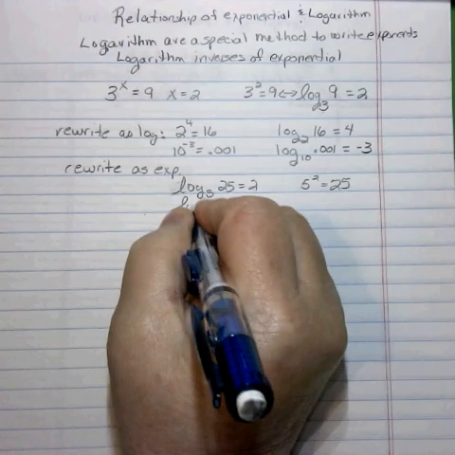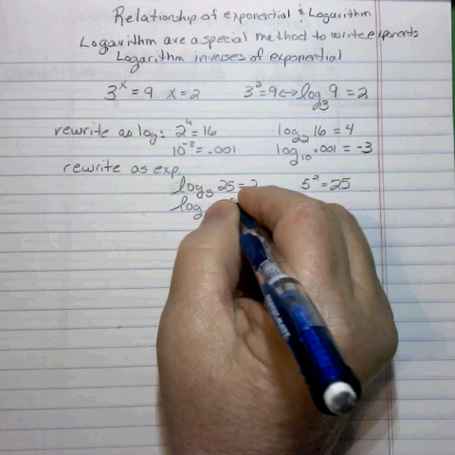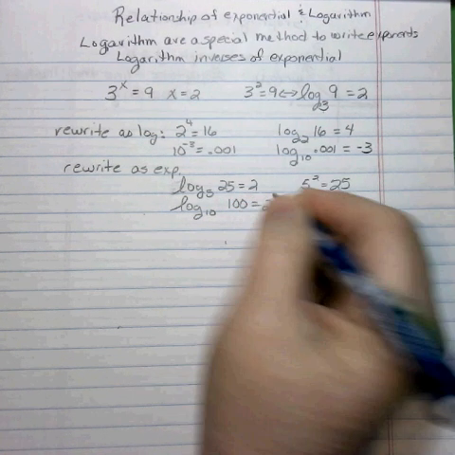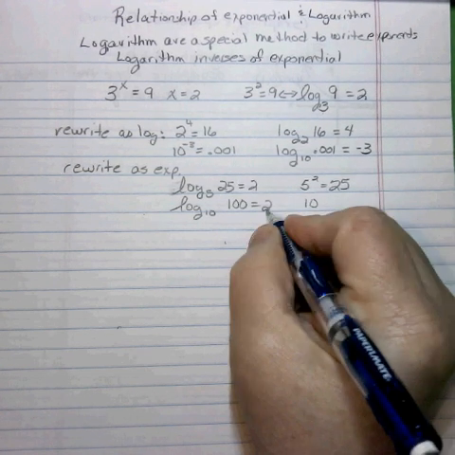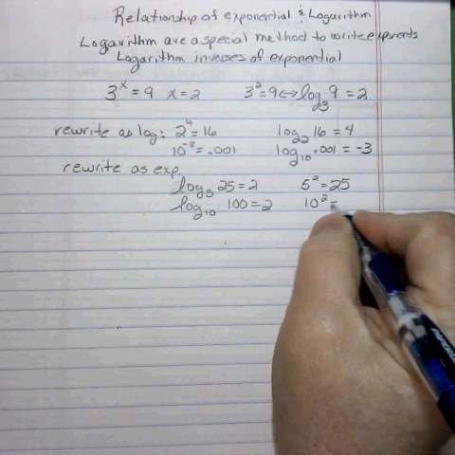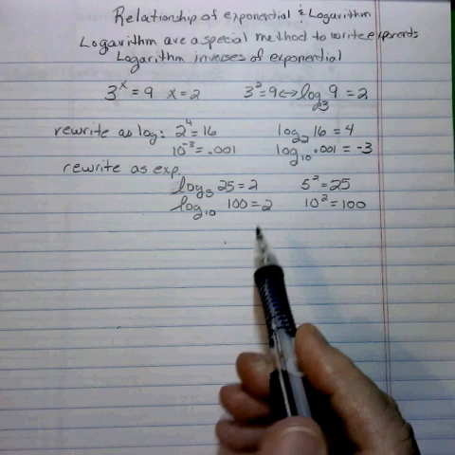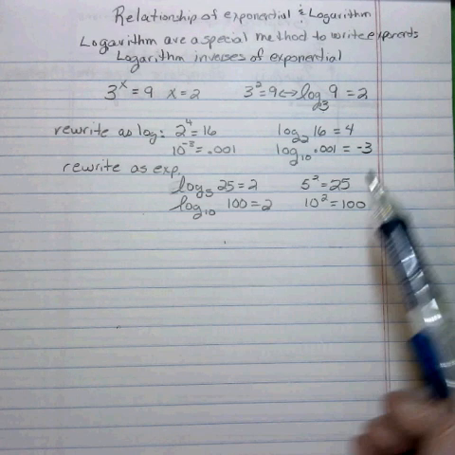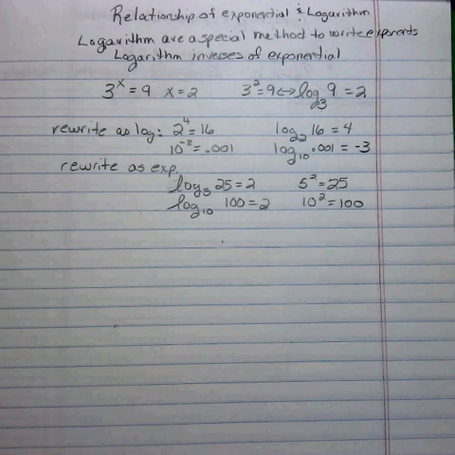A second problem, if we have log base 10 of 100 equals 2. The base is 10 to the power 2 equals 100. So we've rewritten from log form to exponential form. And we can do that because they are inverses of each other.